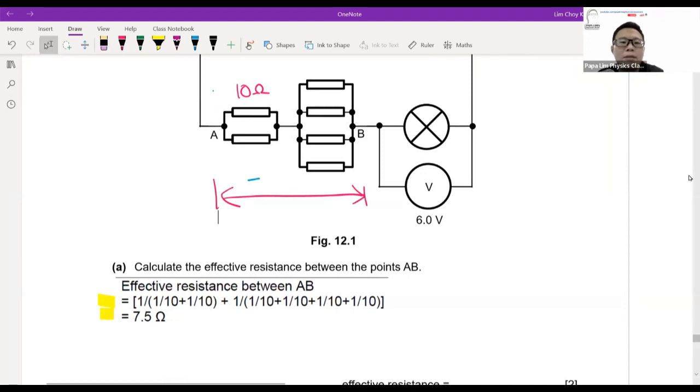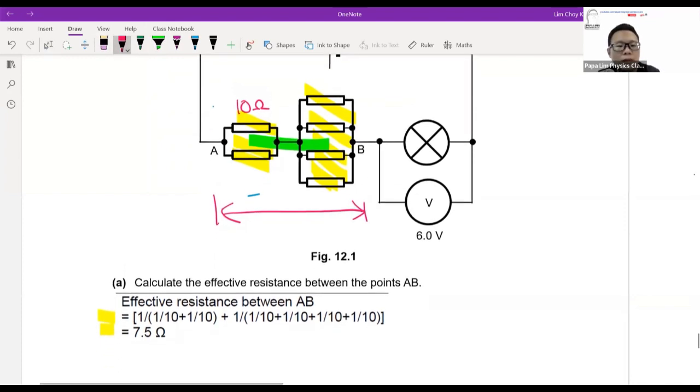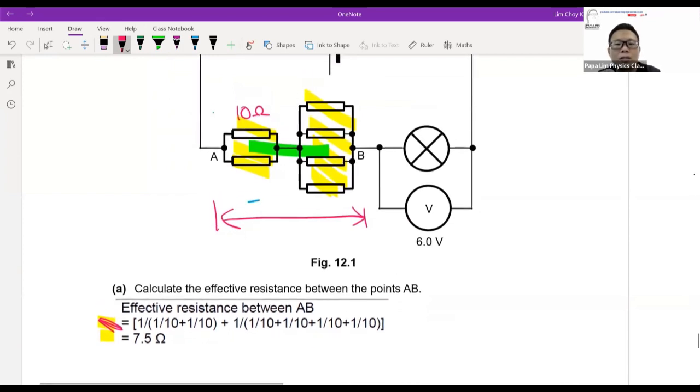Now between this AB, you will find that the resistors are actually connected in parallel first. This is connected in parallel, this is also connected in parallel, and then both of them are connected in series together. If you don't like the working here, I always like to break it up.